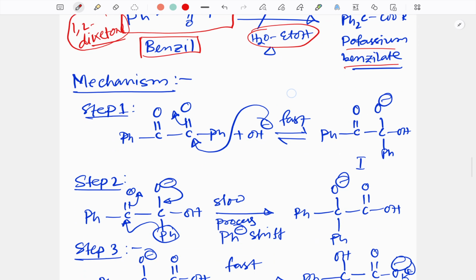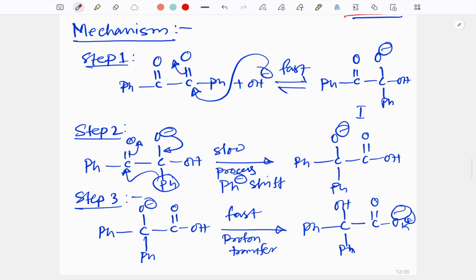Next, what is the mechanism of this particular reaction? This reaction basically involves three important steps: step 1, step 2 and step 3. Let us discuss step 1. In step 1, there is a fast reversible nucleophilic attack at a carbonyl carbon by the hydroxide ion to form intermediate 1.